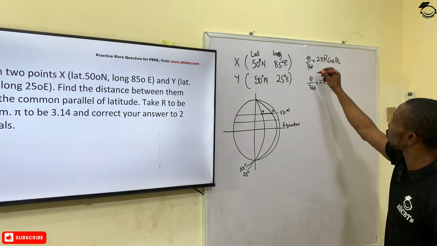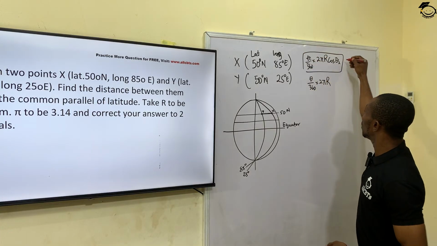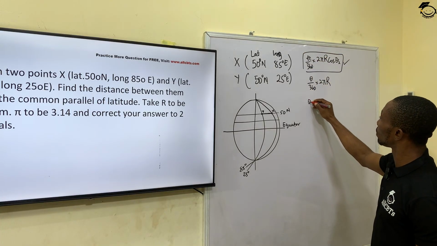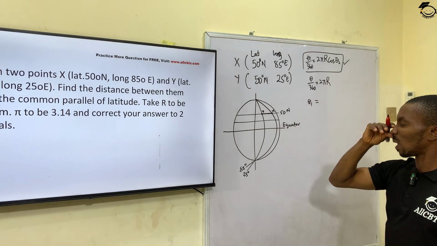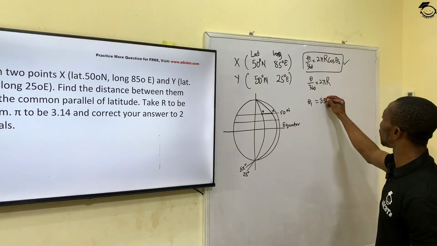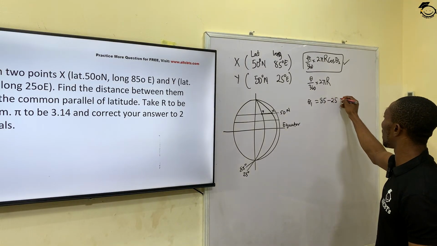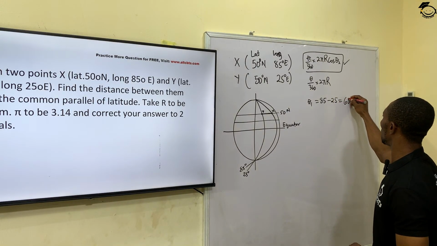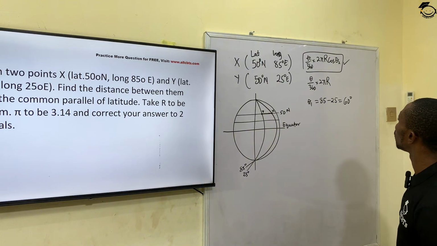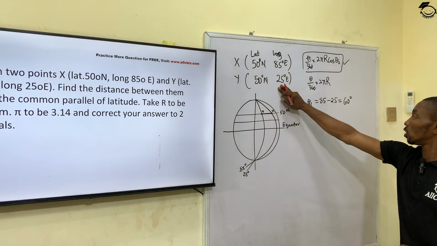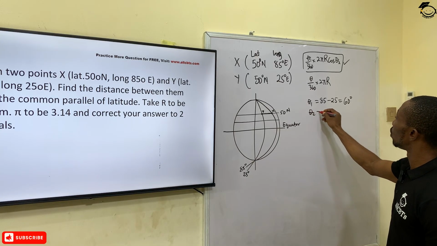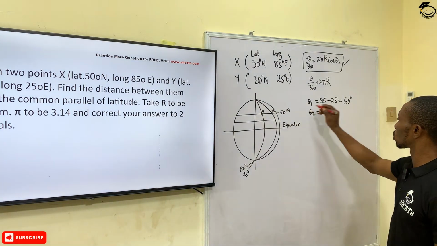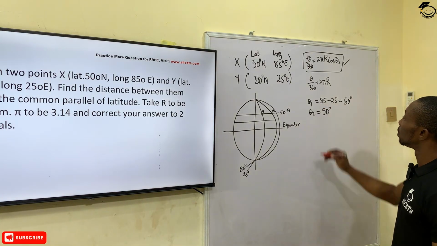Now, in this, we are going to use this, where theta 1 is the difference in our longitude, which is 85 minus 25, which will give us 60 degrees. And theta 2 would be our latitude, which is constant, 50 degrees.